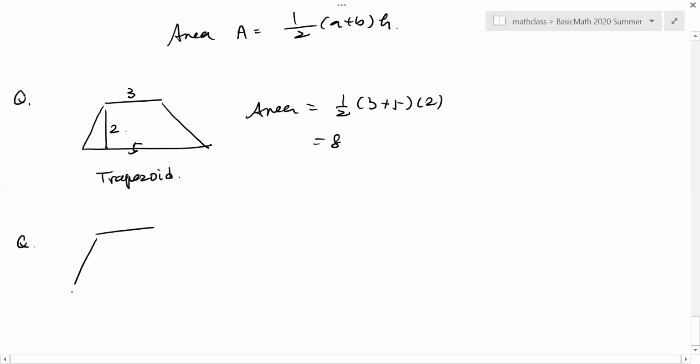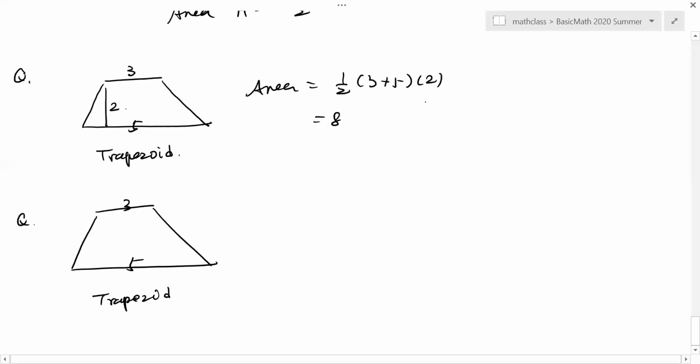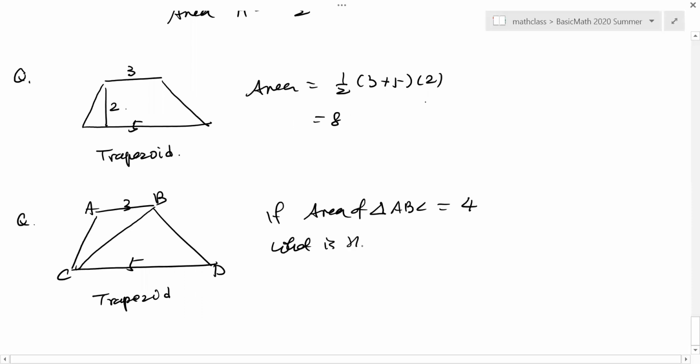Now, if I give you another trapezoid, this is a 5, this is 3. I'm not given the height, but I already know the area of this triangle. So if the area of the triangle ABC is going to be 4 square units, the question is, what is the area of the trapezoid?